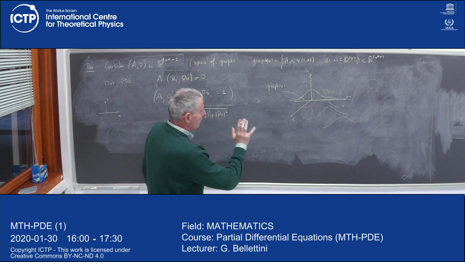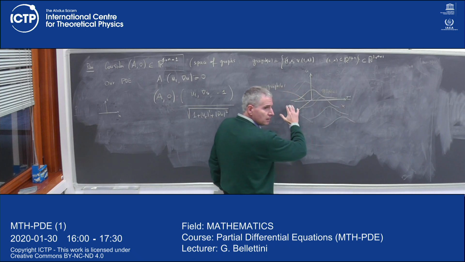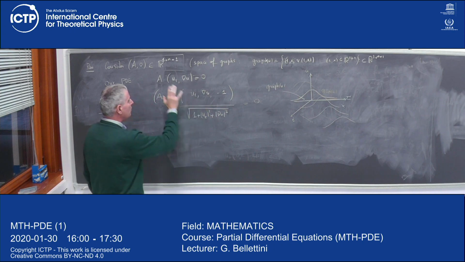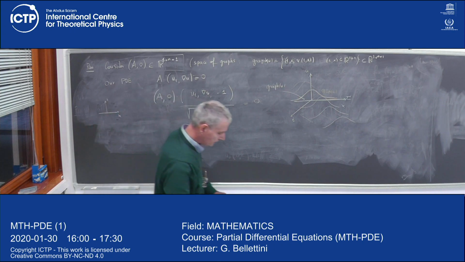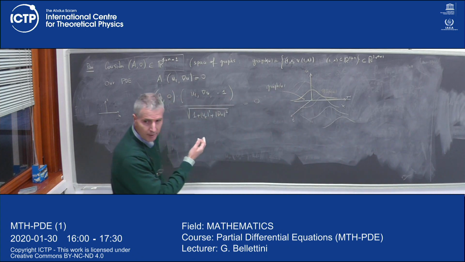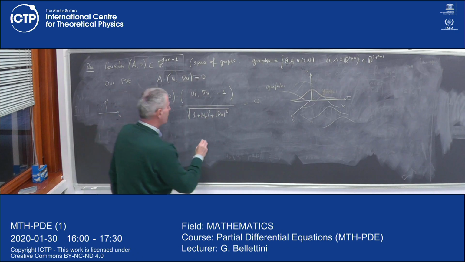Now, this U0 is given, sigma is given. My PDE is this now, and it is equivalent to that. And why do I write this? Because this has a geometric interpretation. It means, now I take the normal.